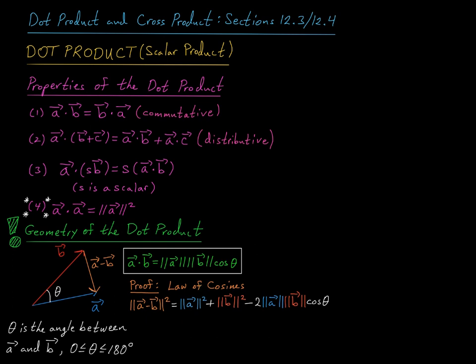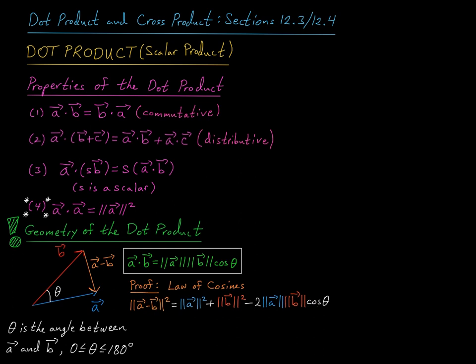And recall what the law of cosines says. It says that the square of the side opposite this angle theta, so that would be the square of the magnitude of this vector A minus B, is equal to the sum of the squares of the other two sides, so that's magnitude A squared plus magnitude B squared, minus 2 times the product of the lengths of the other two sides, so magnitude A, magnitude B, times the cosine of this angle theta.